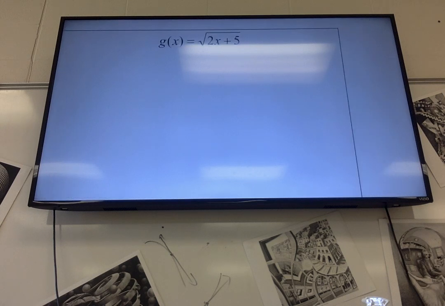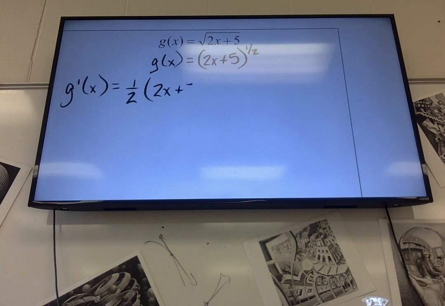It happens. So first thing on this one is you'd rewrite it as 2x plus 5 to the 1/2. So I take the derivative of the whole thing first. So 1/2 goes out in front, times 2x plus 5 to the negative 1/2.